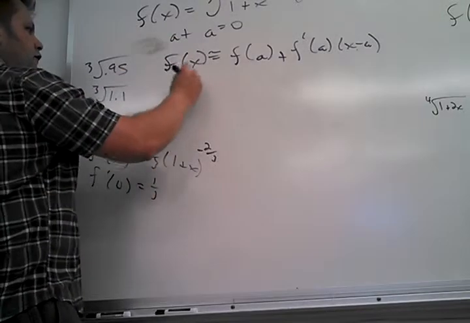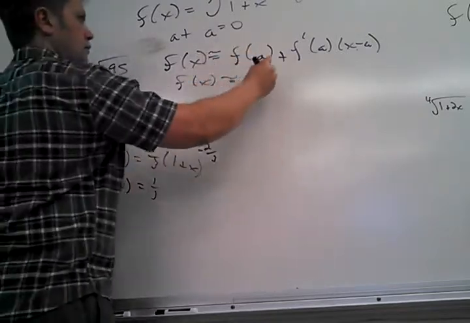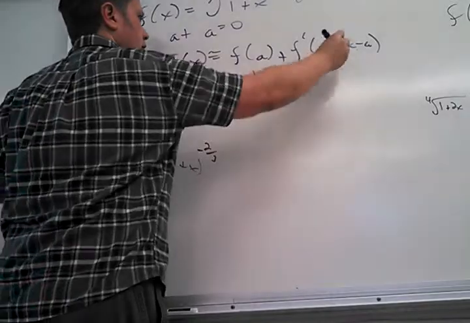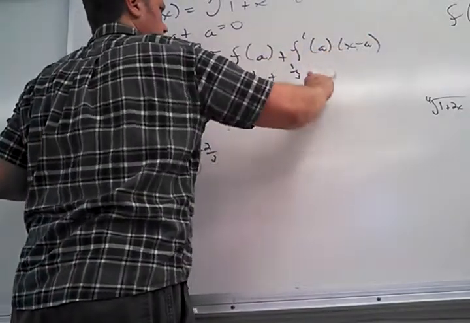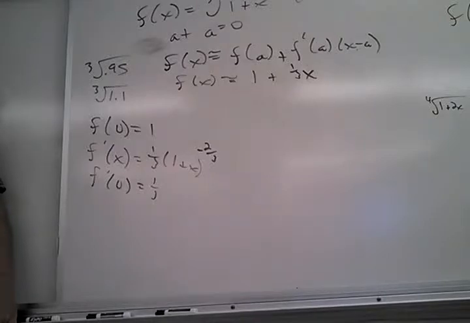So then f of x is approximately 1 plus 1/3 of x minus 0, so 1 plus 1/3 x. Okay, so this is very much like the problem we just did. It's just got a different root on this thing.